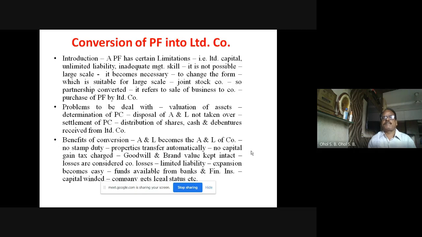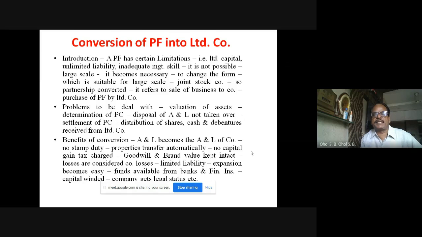That is why the conversion is done by the partners in due course of time. So what are the benefits of conversion? Just as I have told you, many limitations are removed because of the conversion of partnership firm into a limited company.